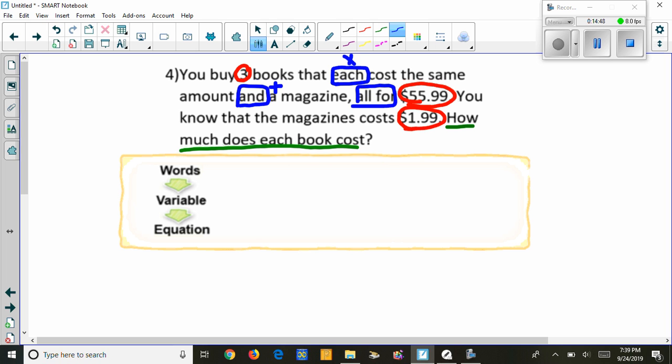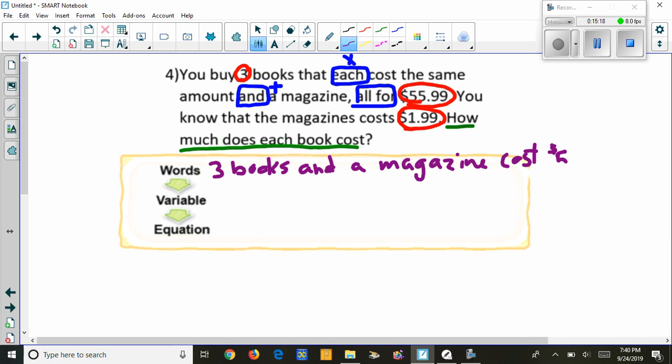Let's write out in words, just condensing all that down and just getting to the bare point. What's happening here is 3 books and a magazine cost $55.99.